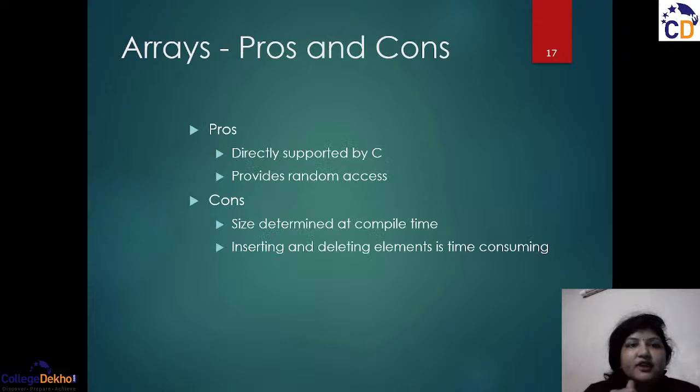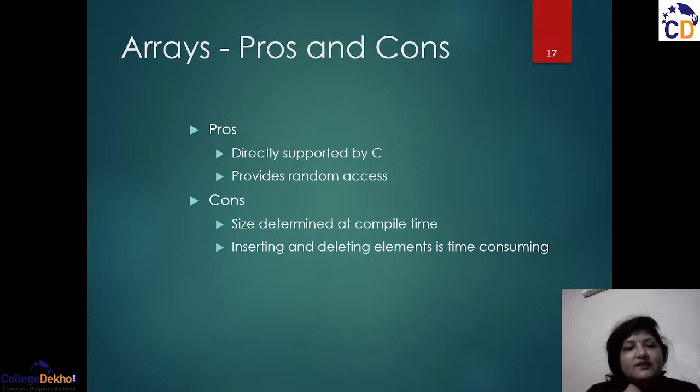Then we have arrays. We have understood the pros and cons of arrays. They contain only a homogeneous collection of data. What are the advantages? They are directly supported by C language; you may use C or C++ also. They provide random access: you can access any element by using its index.